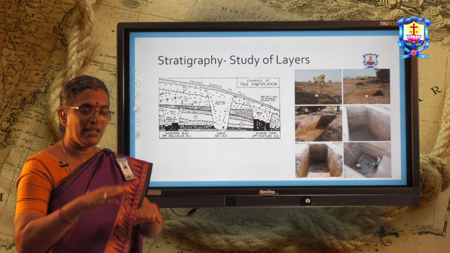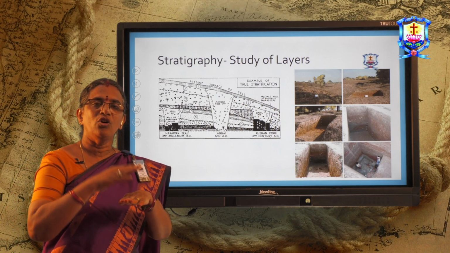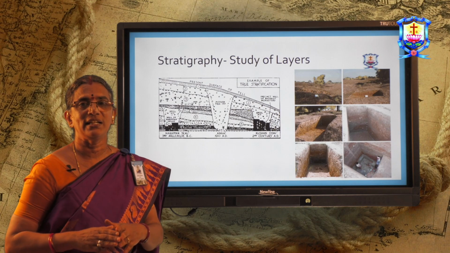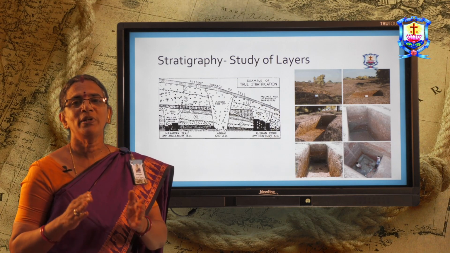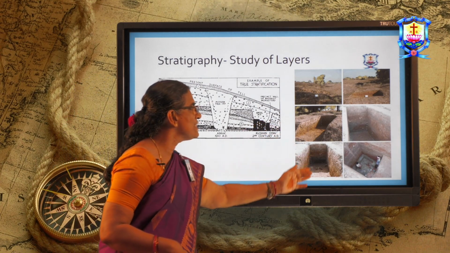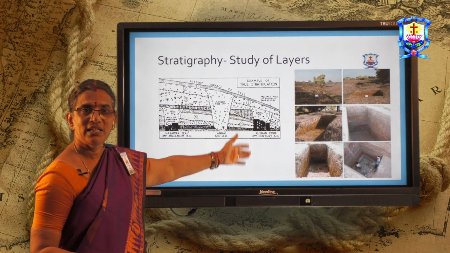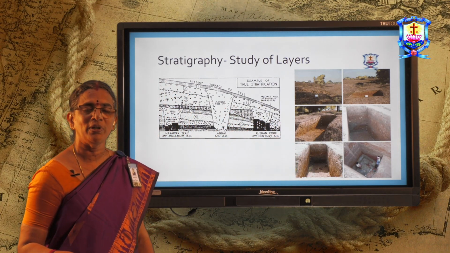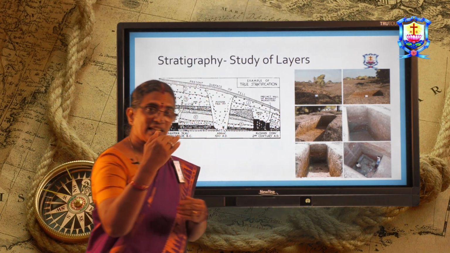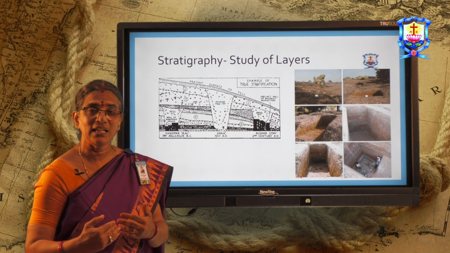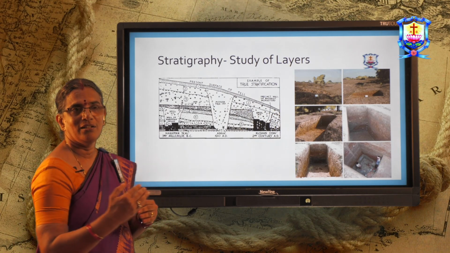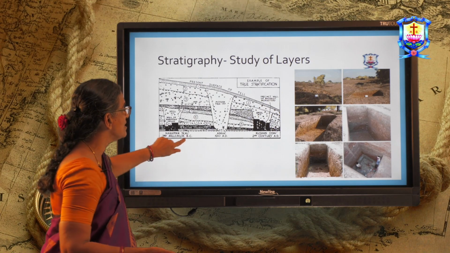So the oldest layer forms at the bottom, and all the subsequent layers form on top of that. We call that superimposition. You can see various views of a trench with their stratigraphy. This is from a site called Sishupalgarh in Orissa, where you can see trenches with sections. The stratigraphy tells you where they lived, how they lived, and what time period they occupied that particular site.